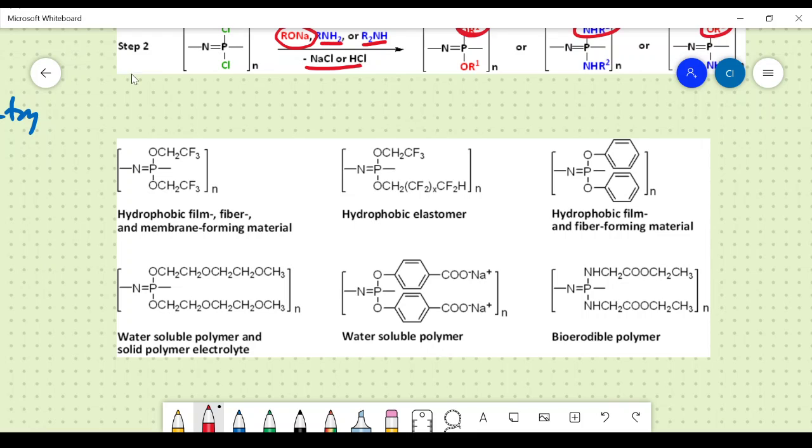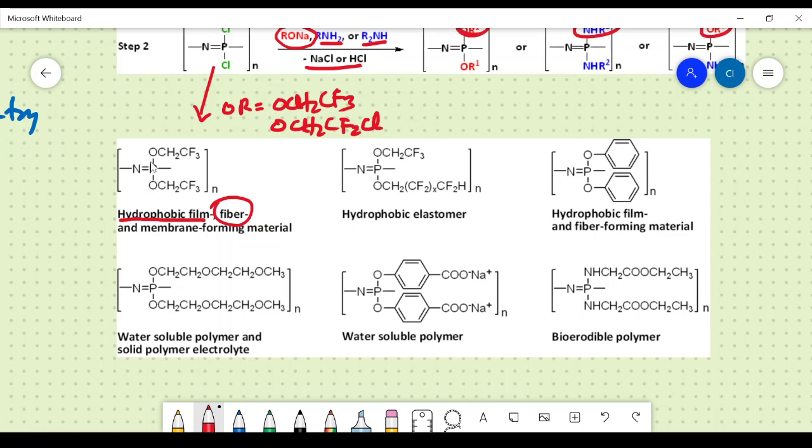So you can see you started from NPCl. From this they have added this OR, and this OR is equal to OCH2CF3. So you can go on substituting, like OCH2CF2Cl. Keep on substituting and see that this one is taking a hydrophobic film and is used for fiber forming membrane materials.